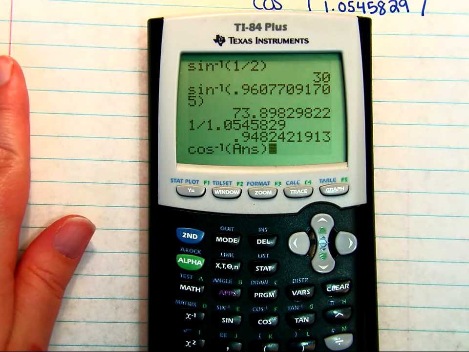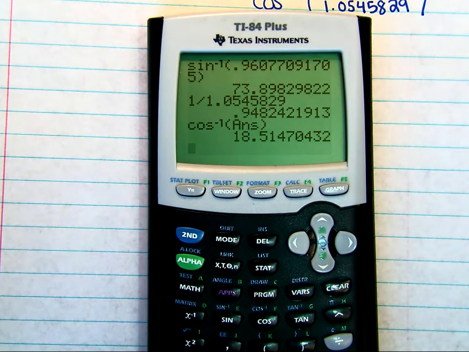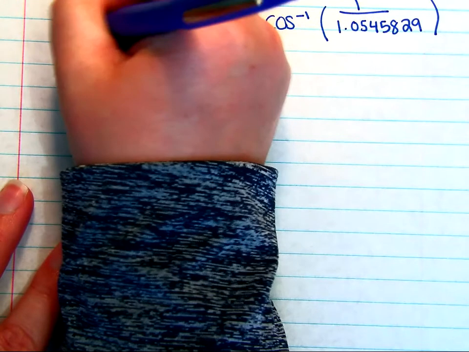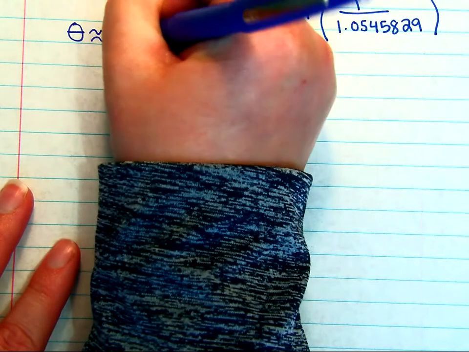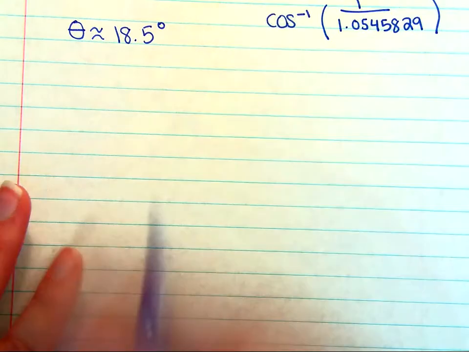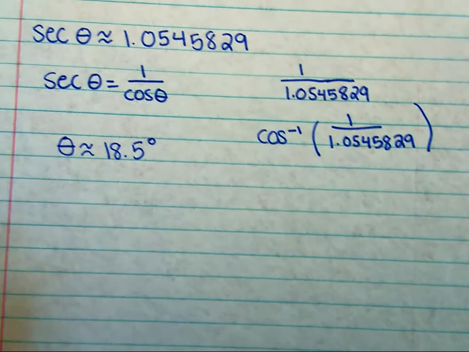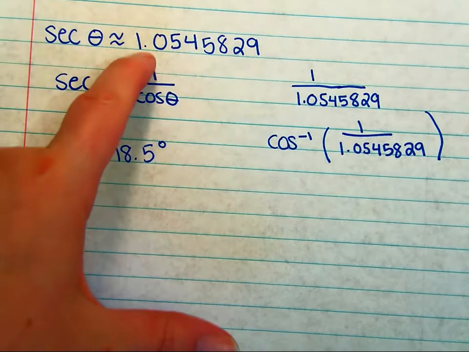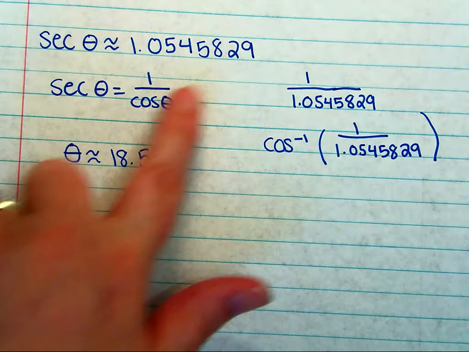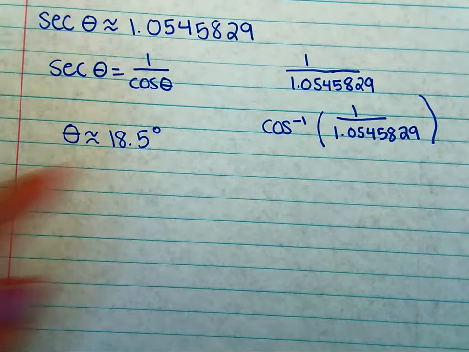So that angle is about 18.51 degrees. Again, you could go and check by doing 1 divided by the cosine and see if you get this number, and it should be close to that.